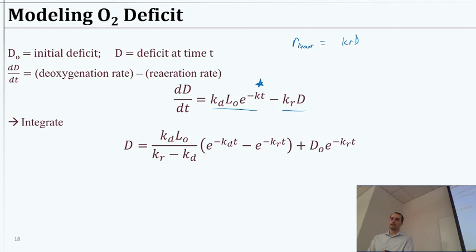Essentially, that's a description of the deficit given some parameters, right? The KD will be given, the KR you can calculate. So this is given or calculated.